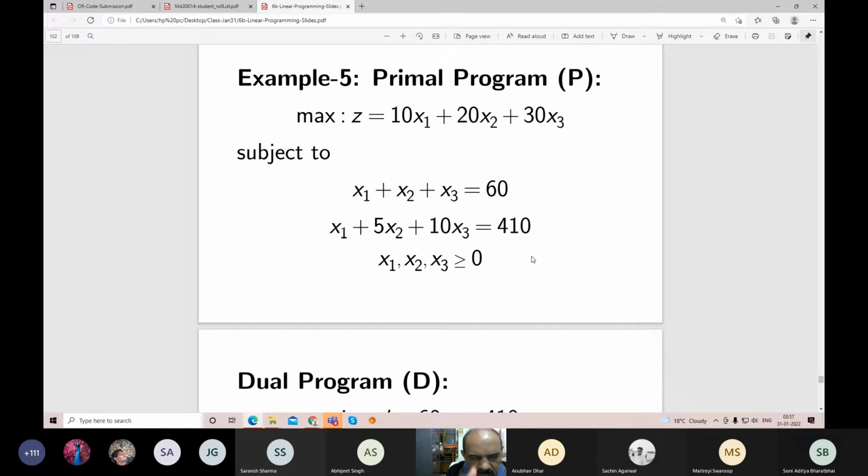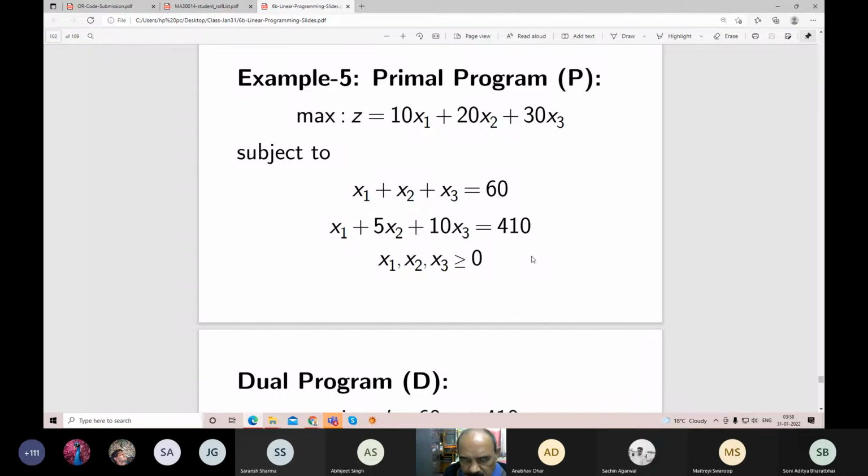If you are using the simplex method, which method is suitable for this problem? Example 5. Which method? Please tell me. Are you able to hear? Big M method, yes or no?